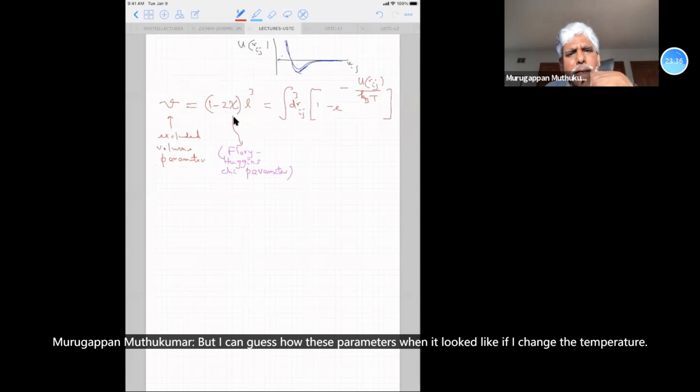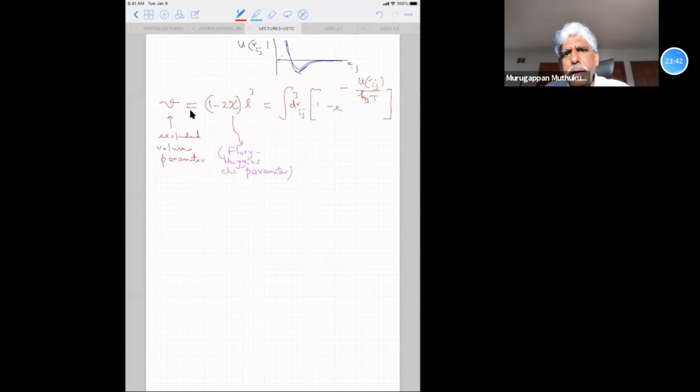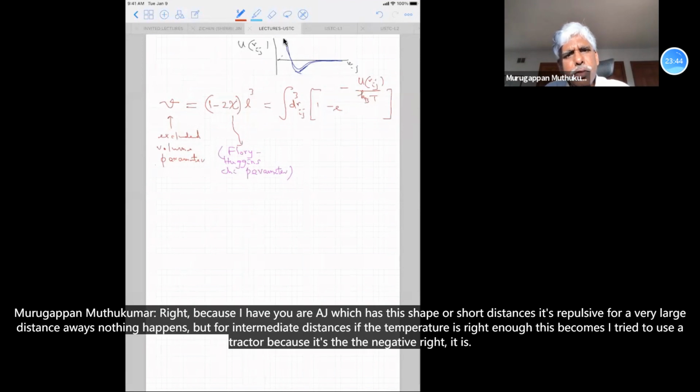But I can guess how this parameter is going to look if I change the temperature, because I have U of Rij, which has this shape. For short distances, it's repulsive. For very large distances, nothing happens. But for intermediate distances, if the temperature is right, this becomes attractive, because the energy is negative.